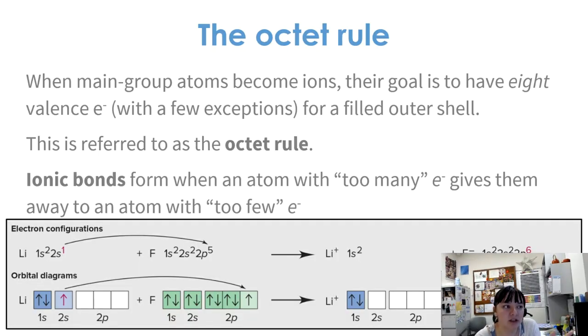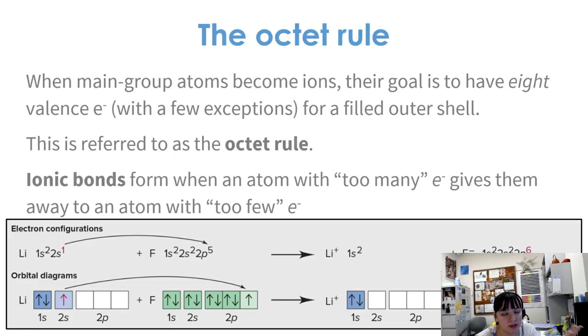Here is a visual to show this relationship occurring. We can consider lithium and fluorine, and so I have both their electron configurations and their orbital diagrams shown on the left. Again, lithium is one of those atoms that starts off with just one too many electrons compared to its noble gas. And fluorine is one that has just one too few electrons.